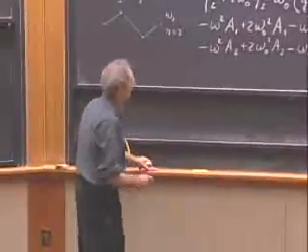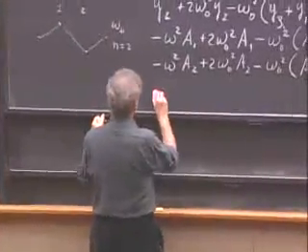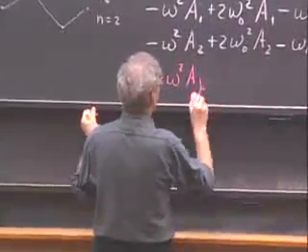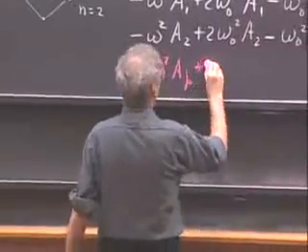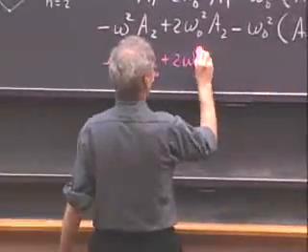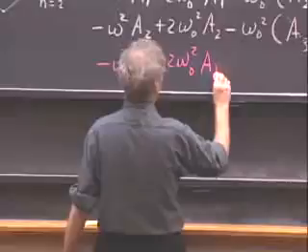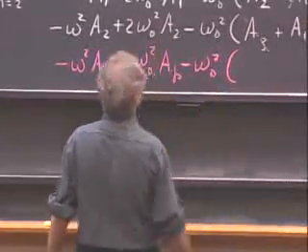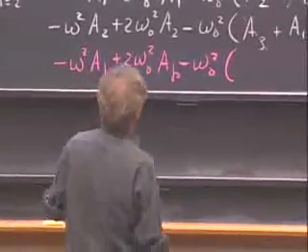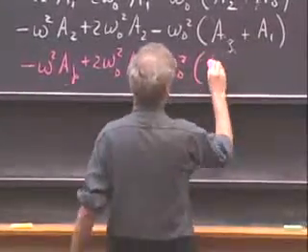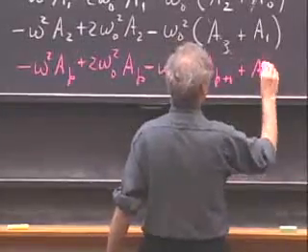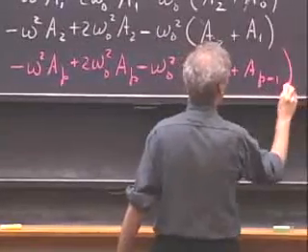Maybe I should do that in color. Minus omega squared a_p plus 2 omega 0 squared a_p minus omega 0 squared times a_(p+1) plus a_(p-1), and that equals 0.